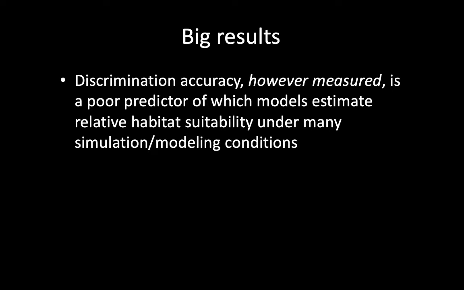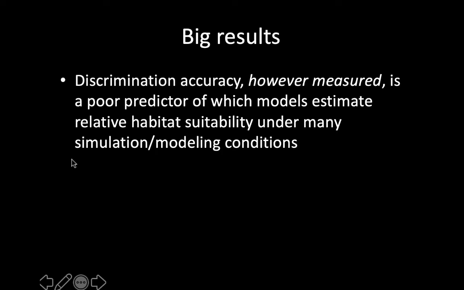So those simulation conditions were, we used all 19 bioclim variables and the default settings for those different algorithms. We varied the background size. We did spatially structured test data versus random test data. None of that made a difference, or not a huge difference, actually. Spatially structured test data did perform better than randomly withheld data, but still, discrimination accuracy was not a great predictor, even under those conditions.